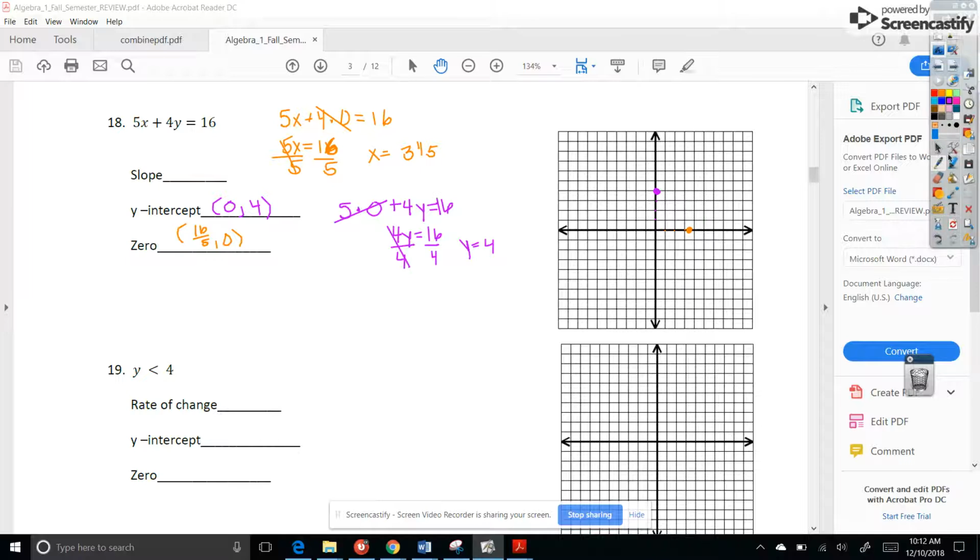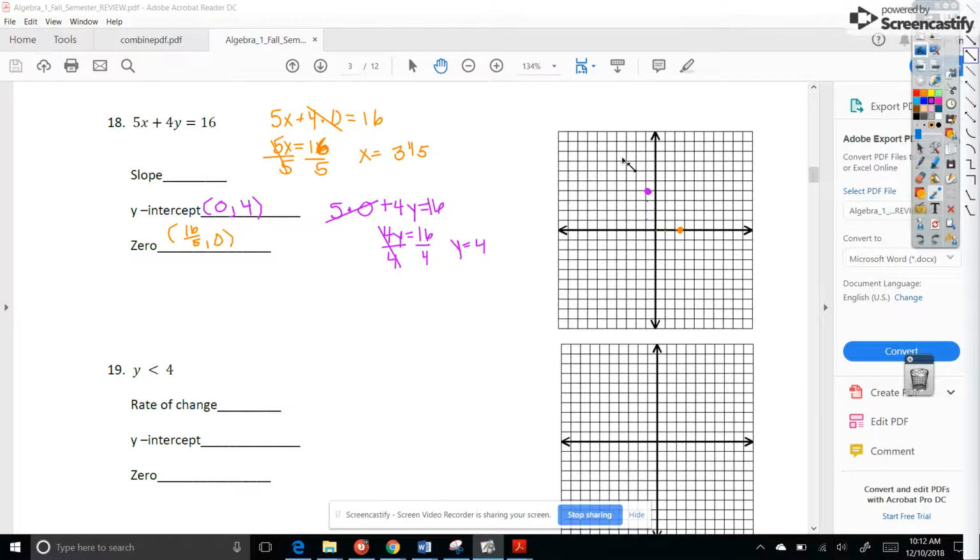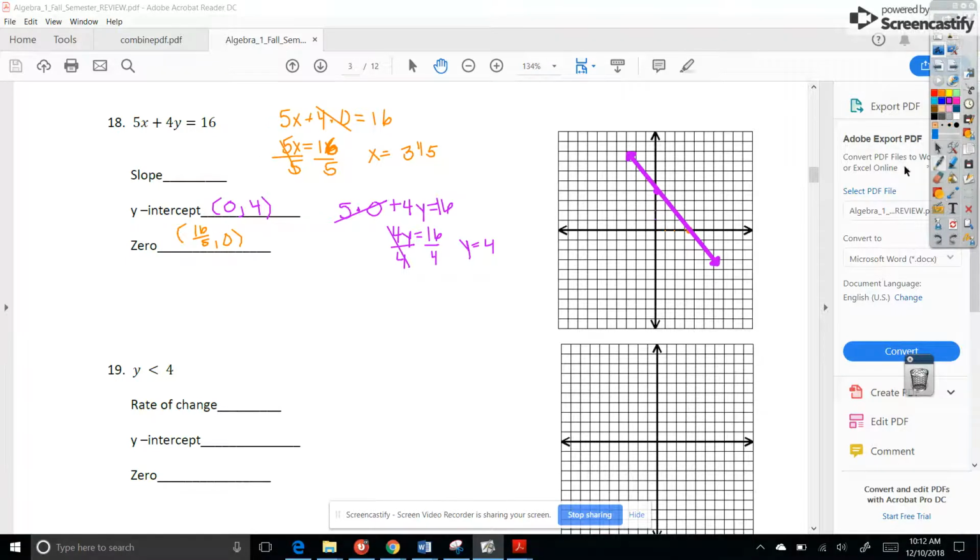Okay, I can count the slope just from those 2 points right here once I connect. It looks like my slope is negative going from left to right. So going down 1, 2, 3, 4, and over 1, 2, 3. Ooh, not so easy to find the slope there because I'm actually going over that 3 1/5.